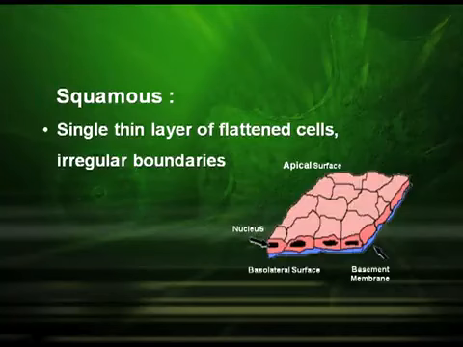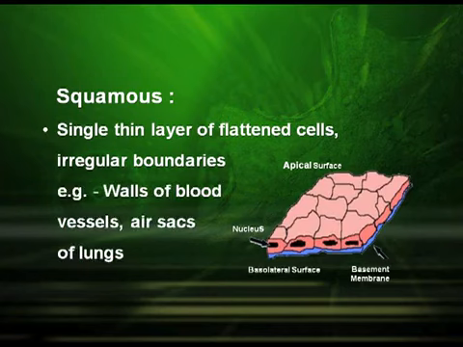Now, regarding the characteristics of the squamous epithelial tissues, they are a single thin layer of flattened cells and their boundaries are irregular, that is, they do not have a smooth boundary wall. Examples are the wall of the blood vessels and the air sacs of the lungs.